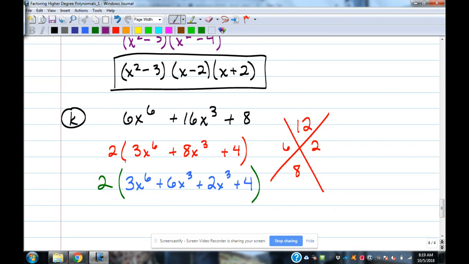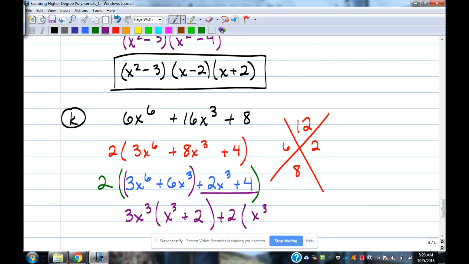Okay, so we're going to group the first 2 here. What's the GCF of those 2? 3x cubed. And that would leave what in parentheses? X cubed plus 2. Good. GCF of those 2. Plus 2.